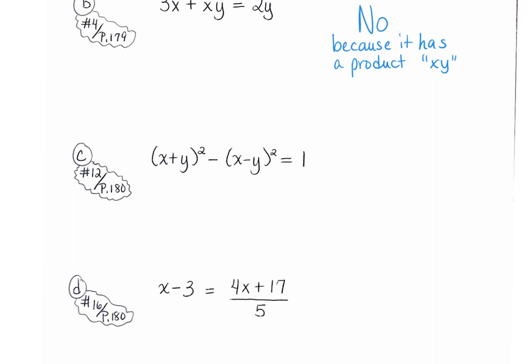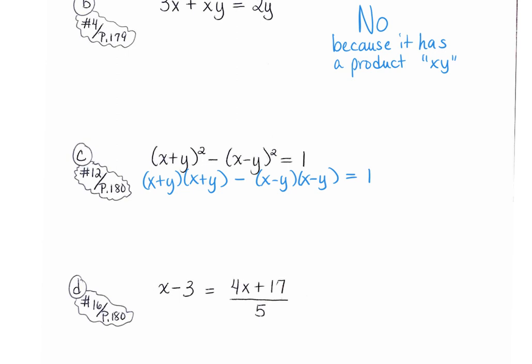So let's do that. So we have the quantity x plus y times the quantity x plus y minus the quantity x minus y times the quantity x minus y equals 1.